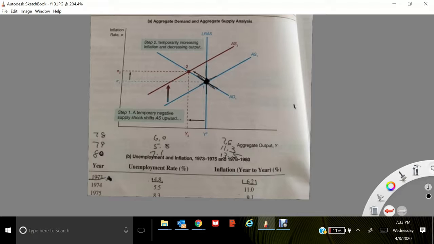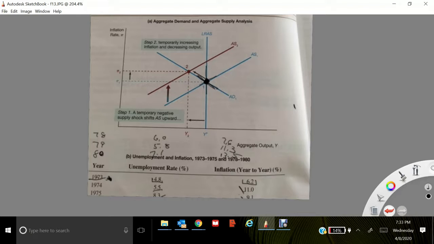Right after that, we had our first oil shock, right? Unemployment increased to 5.5, 8.3. Inflation goes up to 11% here, backs off a little at 9%.